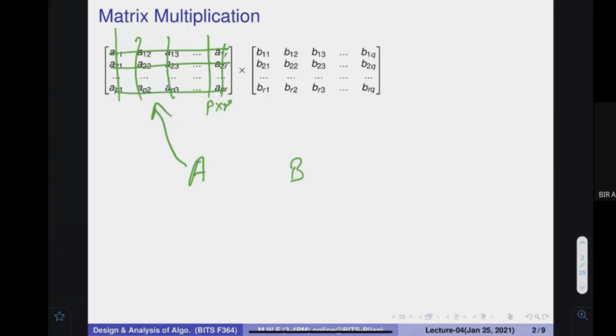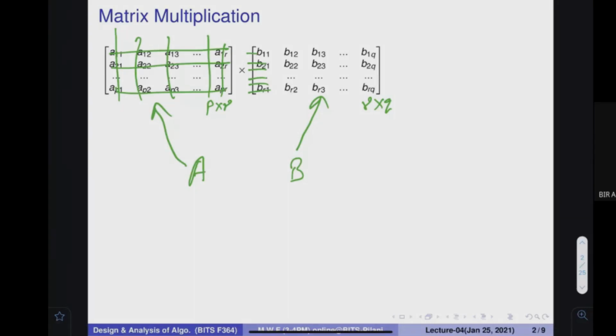So we can multiply it with any other matrix, but it is required that the size should be r cross q. In this setting, what does it mean? There should be r rows in the matrix B, and there could be q items in each row, meaning the number of columns is q.